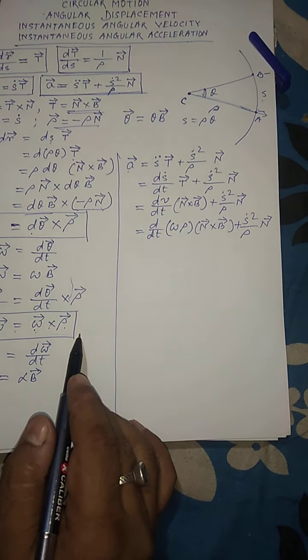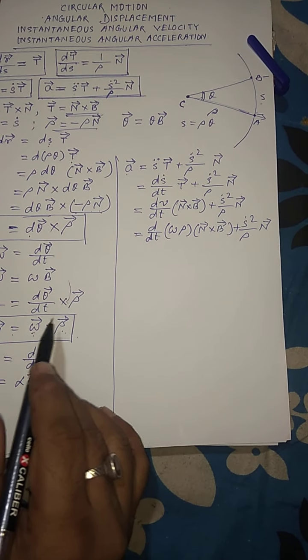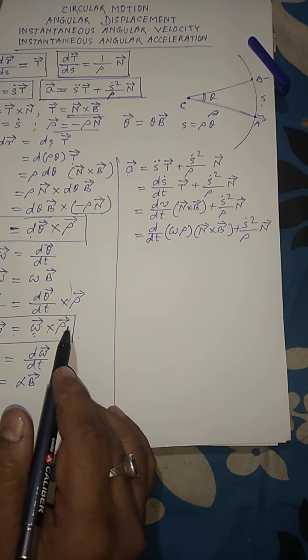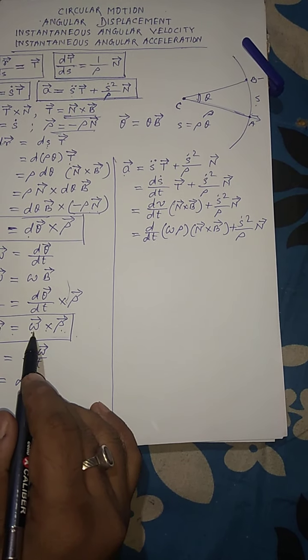From this relation, we see that all these vectors are mutually perpendicular to each other, and so scalarly we can write v is equal to omega rho.